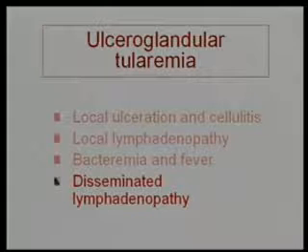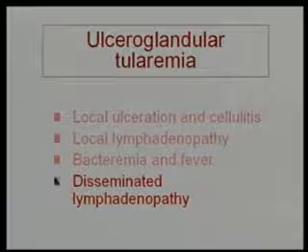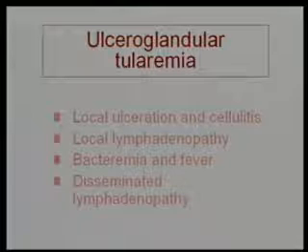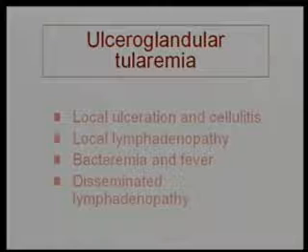And once it is in circulation, it will localize in different lymph nodes systemically, and therefore there will be systemic, disseminated lymphadenopathy. Okay, so those are the symptoms of ulceroglandular, the most common form of tularemia.